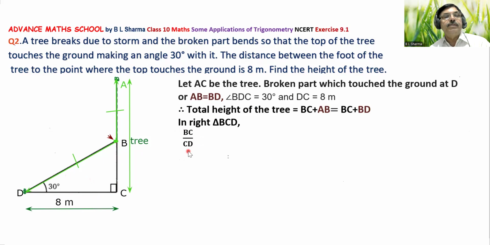So BC upon CD, that is perpendicular upon base, is tan theta, and here it is tan 30 degrees. Tan 30 is 1 upon root 3. So BC upon CD, that is 8 meters, is equal to 1 upon root 3. So you can say BC is equal to 8 upon root 3.